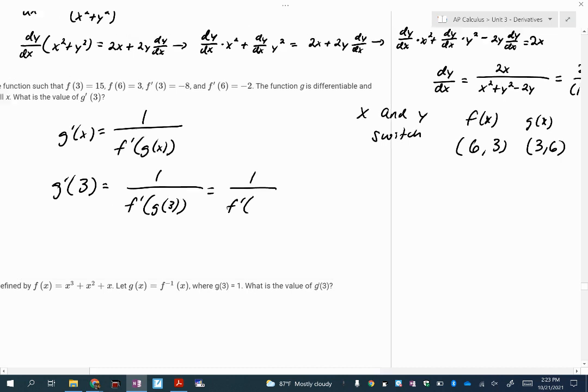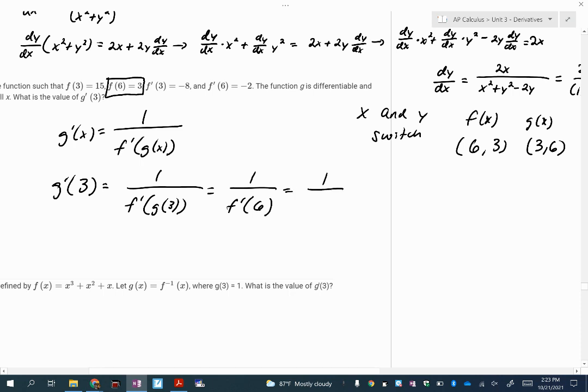So they're telling me that when I plug in 6 for x in the f of x function, I get 3. Since g of x is the inverse, when I plug in 3, I get 6. So g of 3 is 6.